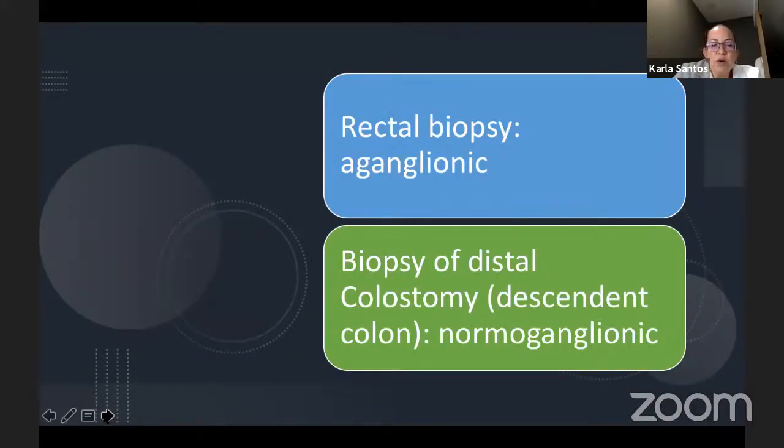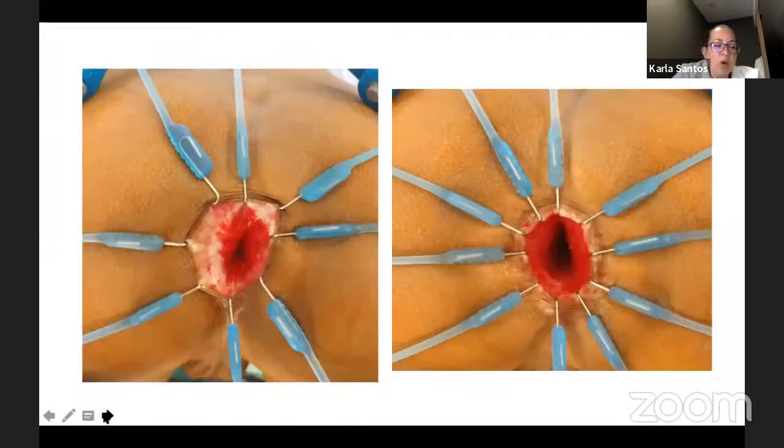We decided to obtain only a rectal biopsy to confirm the aganglionosis, and we also took a biopsy of the colostomy. The first was aganglionic, and the second was normoganglionic. We performed a proctectomy through a transanal approach.